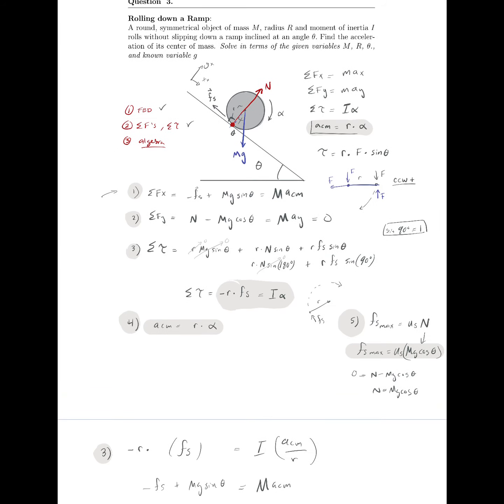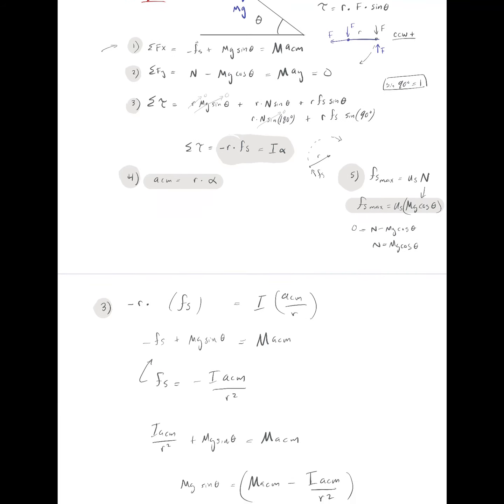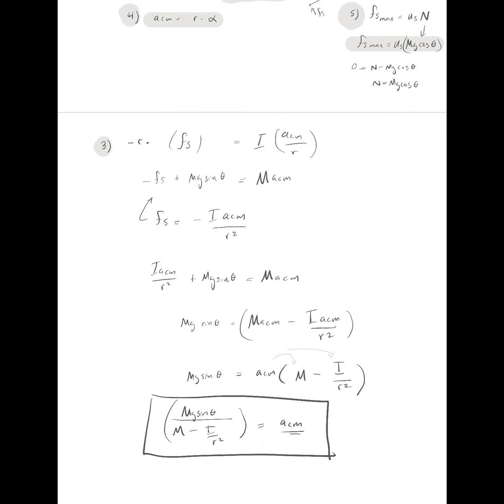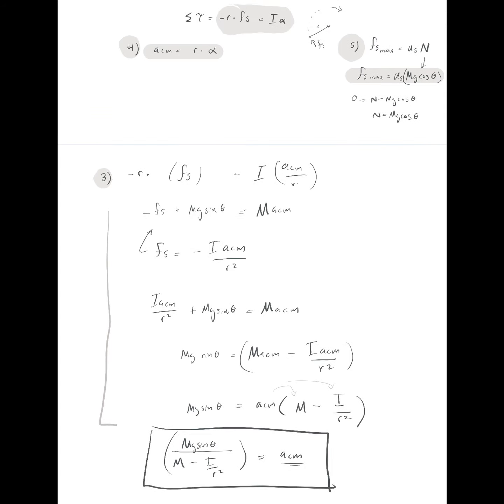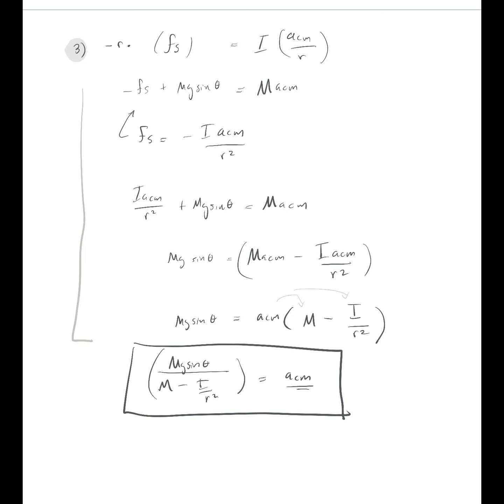So we set up our sum of forces in the x, sum of forces in the y, and sum of torques, and then we used this fourth equation here, and did some algebra to rearrange and solve for ACM. There are multiple ways you could approach the algebra. Maybe you can find an easier way. Totally up to you, but essentially all you need to do is isolate ACM to solve for the equation in terms of your known variables.